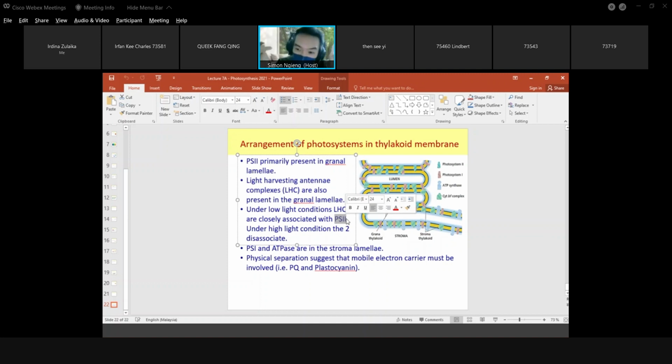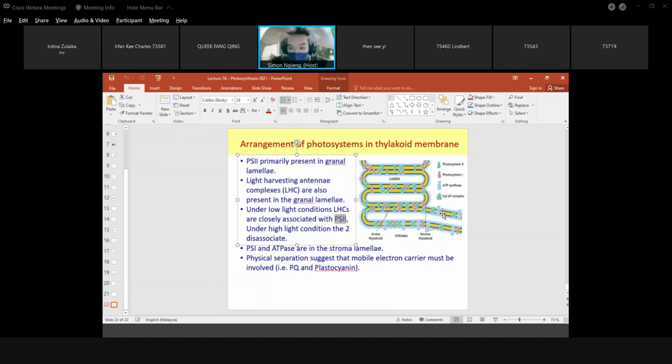But if the light energy is a lot, normally they are much further apart. So this picture tells you that although in the textbook you see photosystem 2 in front and photosystem 1 at the back, this is very much randomly aligned, because it's a 3D surface.